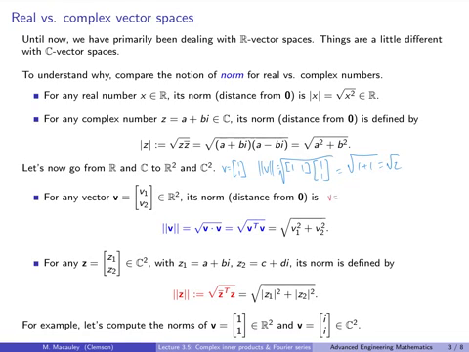And now if v is i, then the norm of v is, we take the transpose and the complex conjugate, multiply that by v, so it's i bar times i. It's the square root of this.